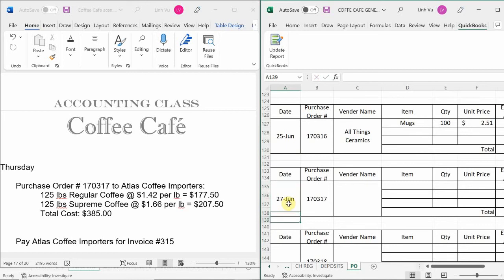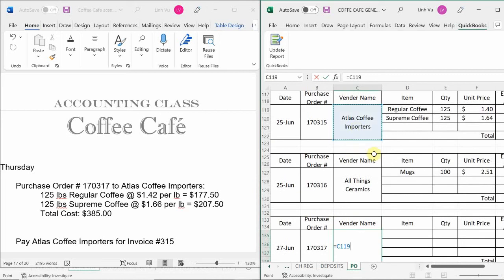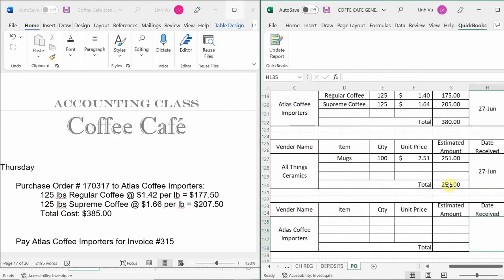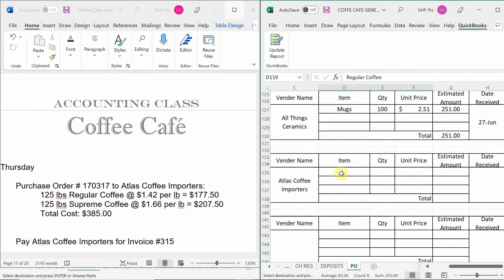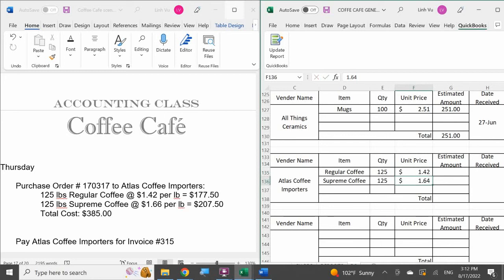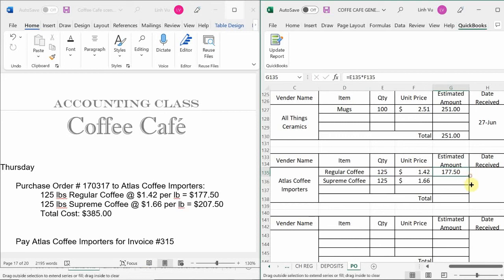Today's the 27th, to Atlas Coffee Importers, and we have 125 pounds of regular coffee at 1.42, 125 of Supreme at 1.66, for a total of 177.50, 207.50, and $385.